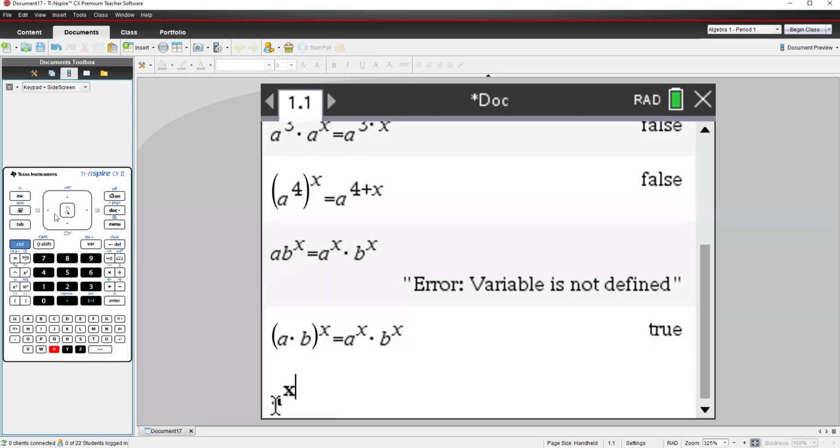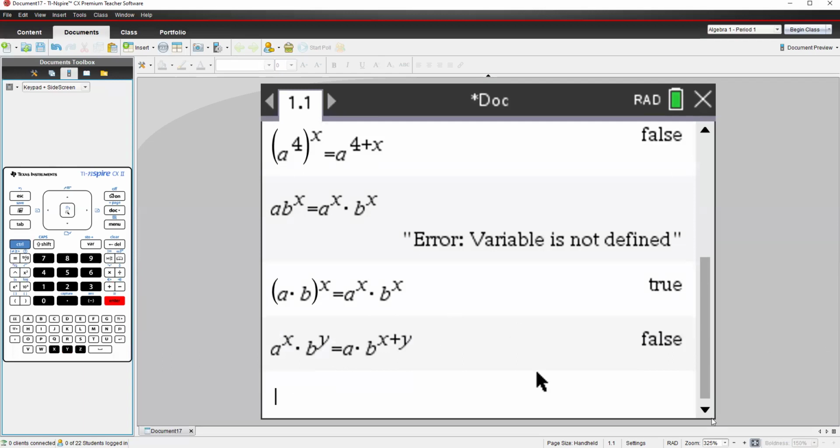Look, even if you're struggling with your exponent properties, you can still use your calculator and the things you know about it to help you with this question. We're almost done. We've got a, and remember, we've got to put a multiplication between those two, and then we put this x plus y up here. We press enter, and it says false. So we found our answer.